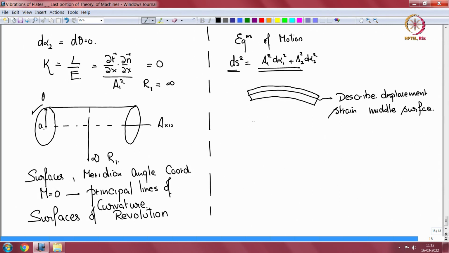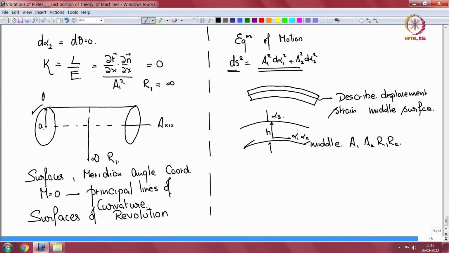If I enlarge this, this is my middle surface, which has these properties A1, A2, R1 and R2, and there is a thickness. So this middle surface carries the alpha 1, alpha 2 coordinates, the other dimension, thickness, carries the alpha 3. So now at every point on this middle surface there is a coordinate system, alpha 1, alpha 2, alpha 3.